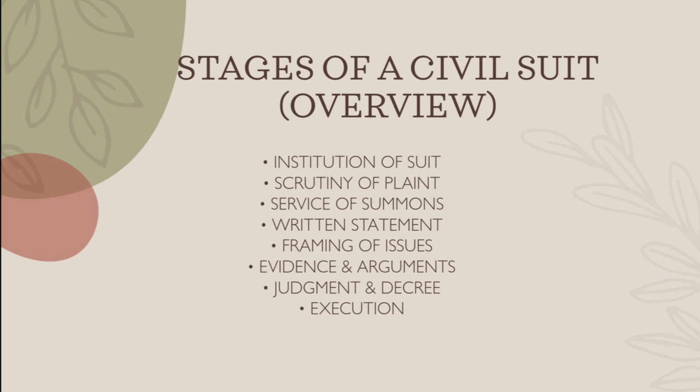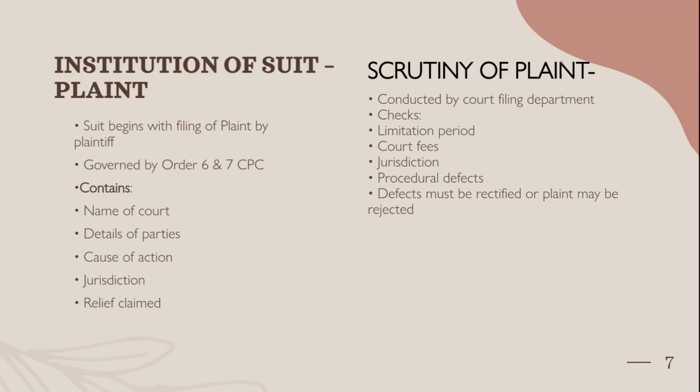Then we have the evidence, the examination of witnesses. Then we have the oral arguments, written submissions, and then the most important part of a civil suit is judgment and the final execution.